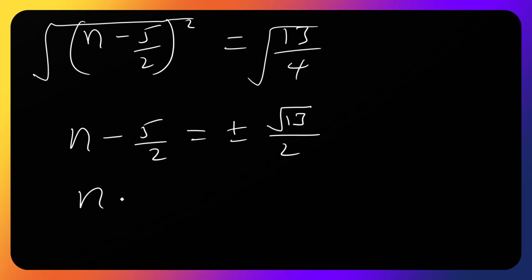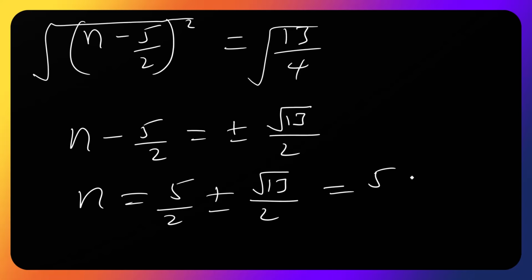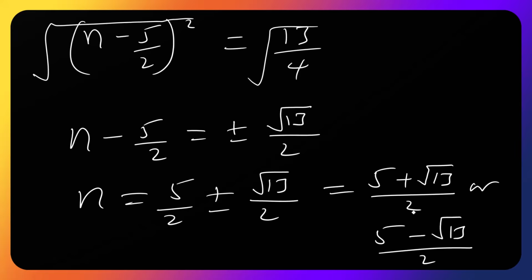So that will be n equals 5 on 2 plus or minus root 13 on 2. So this one will be 5 plus root 13 on 2, or 5 minus root 13 on 2. That is for n.